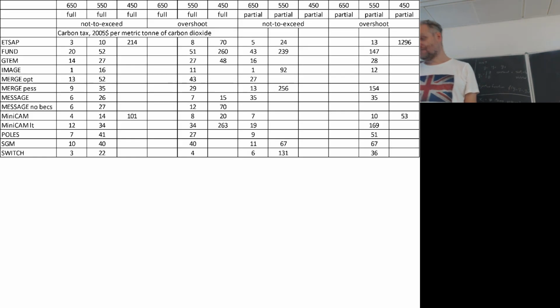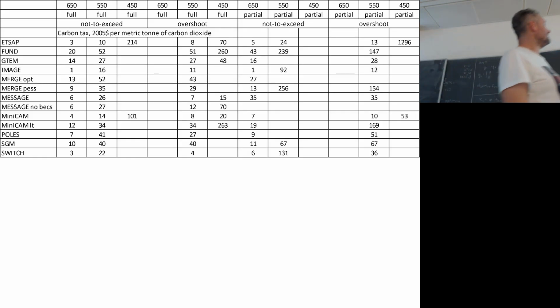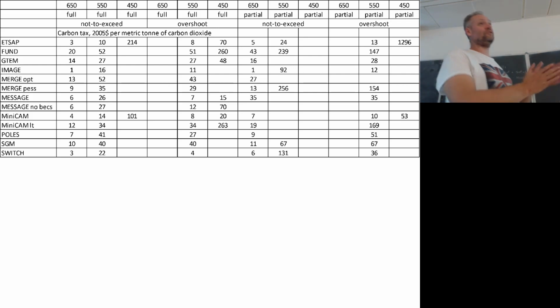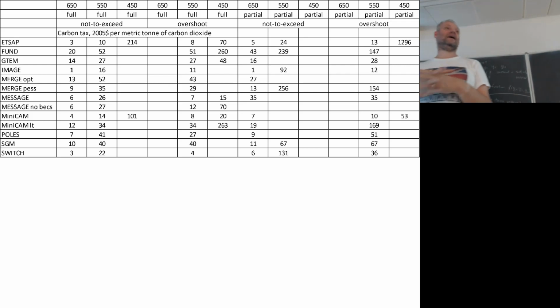The question is, what is that cost? And the answer is in this table. And you can't read the table, and that is on purpose, because the numbers are not that important. So what you're looking at in this table, if you move from left to right, is ever more stringent climate policy, and if you move from top to bottom, you see alternative assessments of the cost.